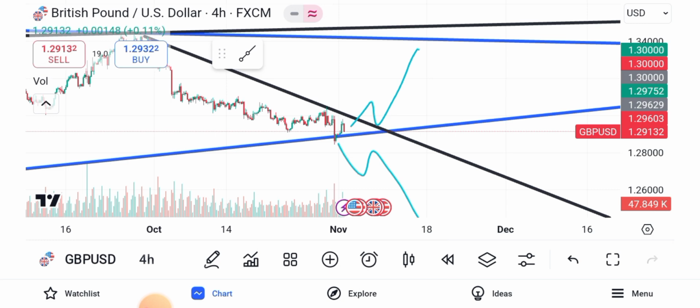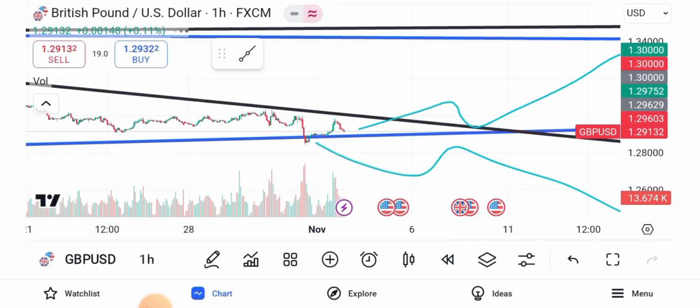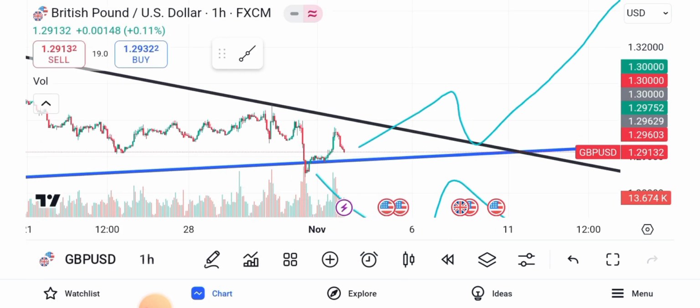And another thing that I would say is, guys, remember we need to enter our trend line definitely in the 15-minute chart so that we have a much smaller stop.